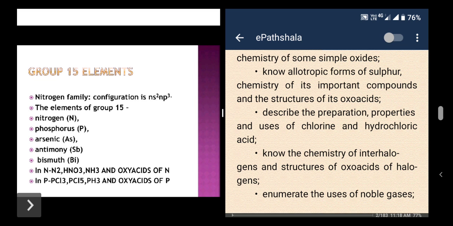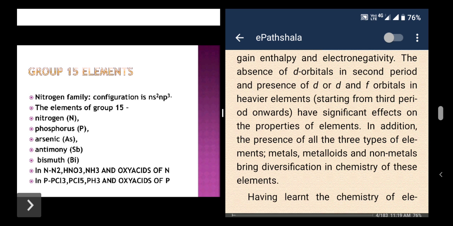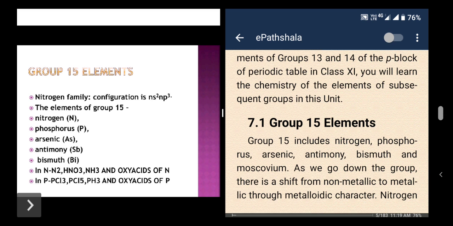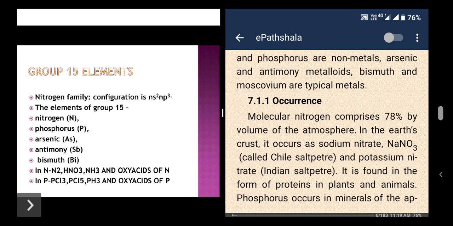Group 15 elements are called the nitrogen family. The electronic configuration is ns2 np3. The elements of group 15 are nitrogen, phosphorus, arsenic, antimony and bismuth. Now the occurrence of the 15th group elements. Molecular nitrogen comprises 78% by volume of the atmosphere.